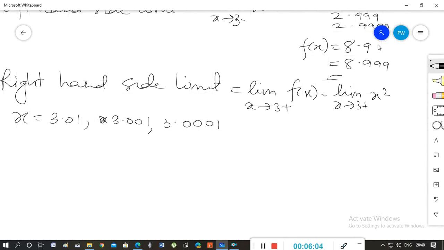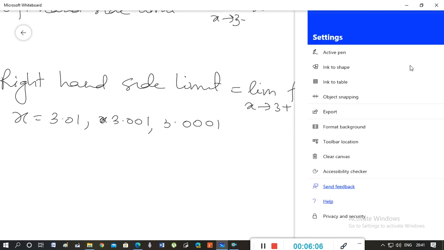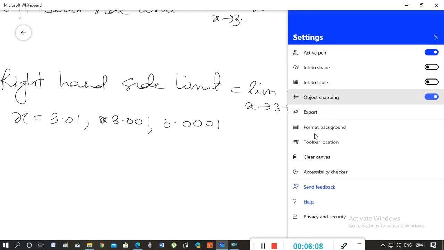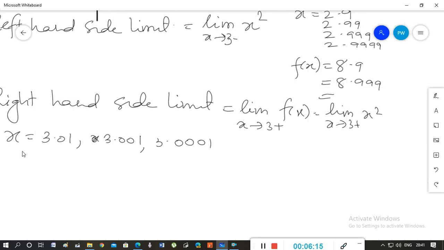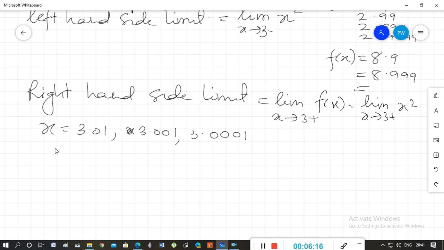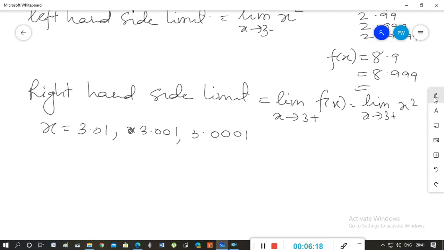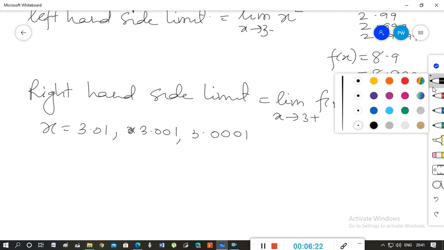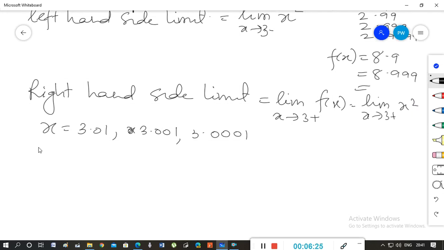So then f of x will have the values 9.1, 9.01, 9.0001.